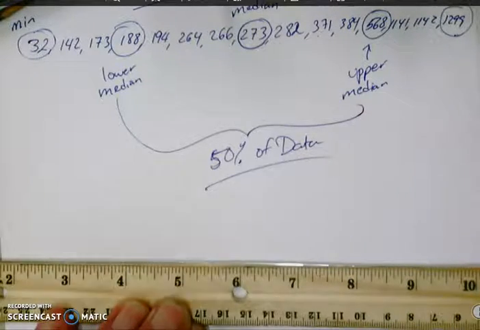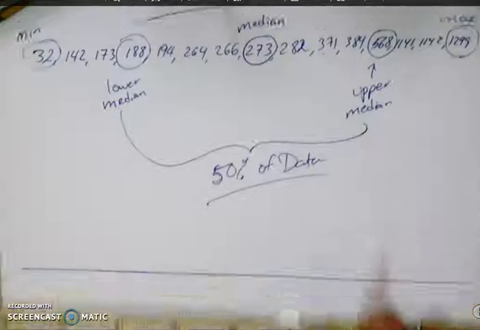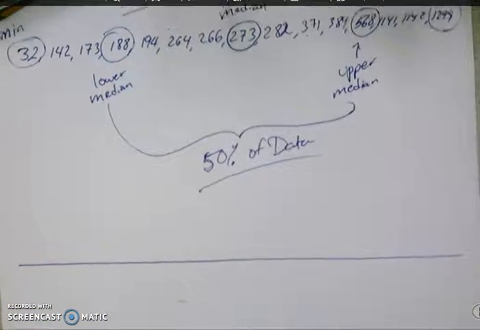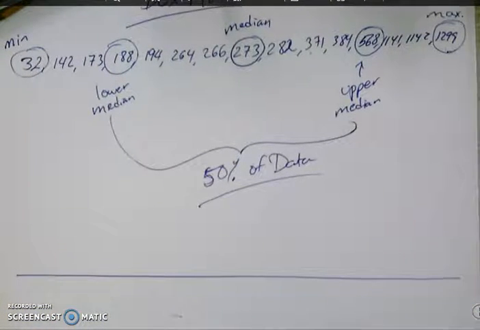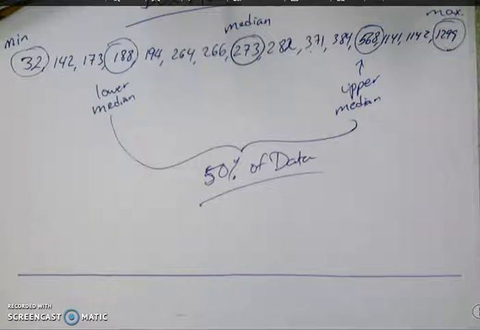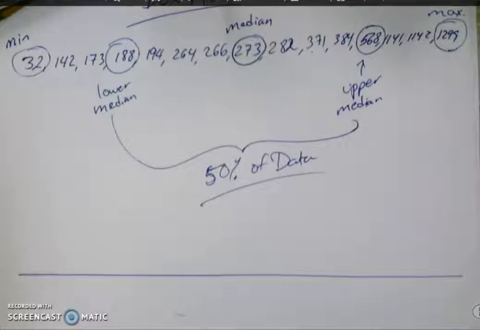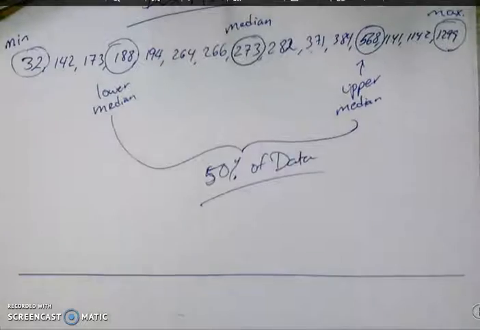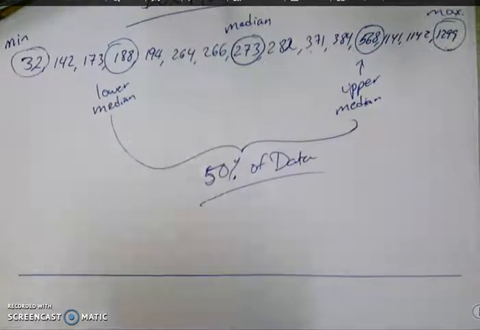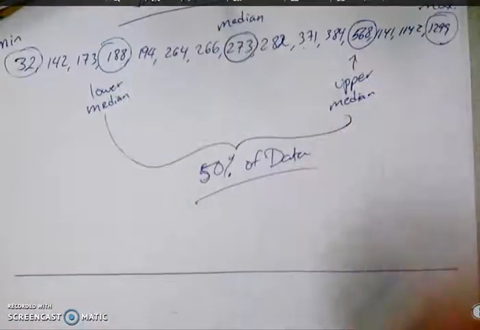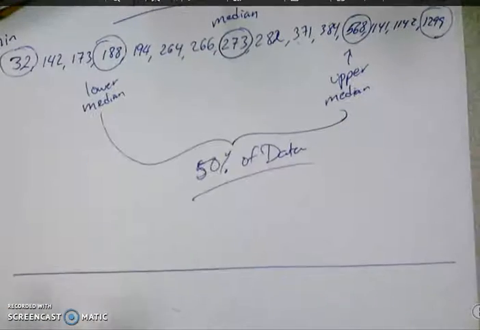Okay, so we're going to take a ruler, and it should be nice and straight. For your notes, it can be imperfect, but we want some accuracy. Realistically, we're going to use the computer to do this most of the time, but the first time we want to do it by hand and just make sure we know. So we don't just mark down 32, 188, 273, and so on. This has to be spaced evenly.